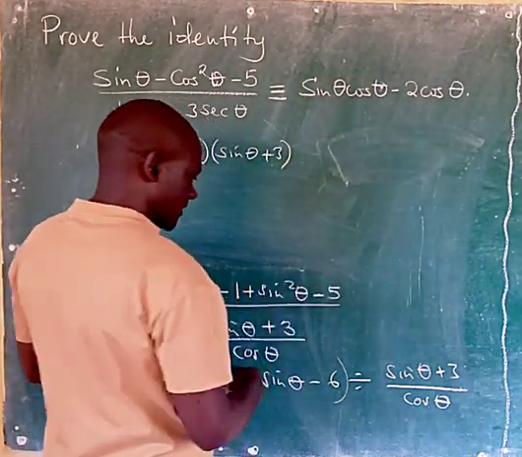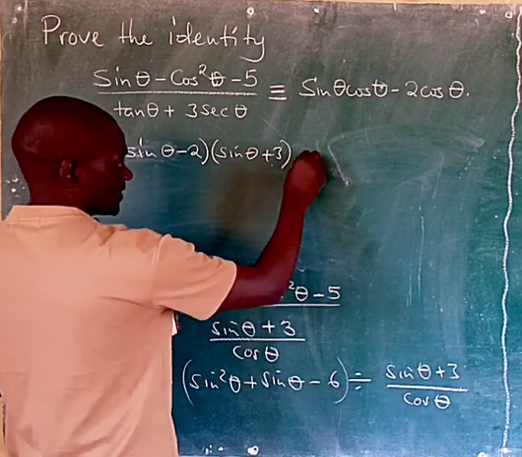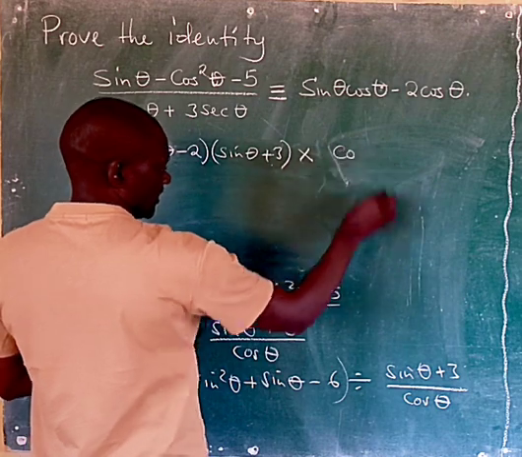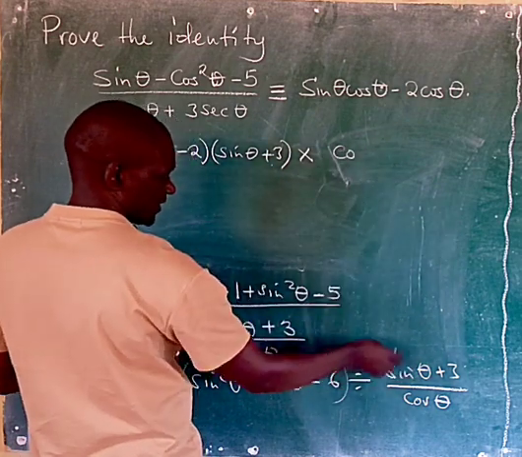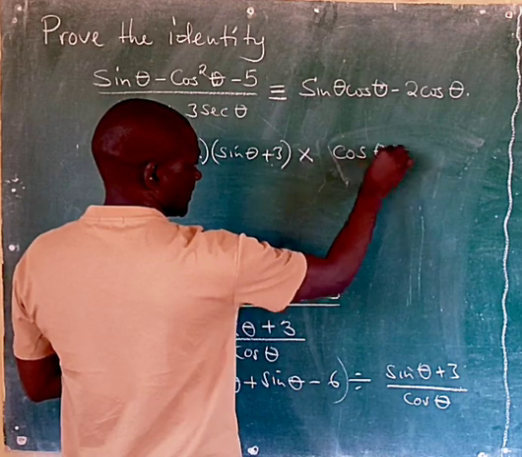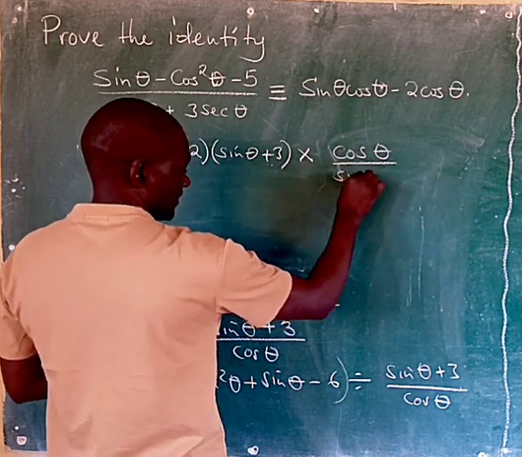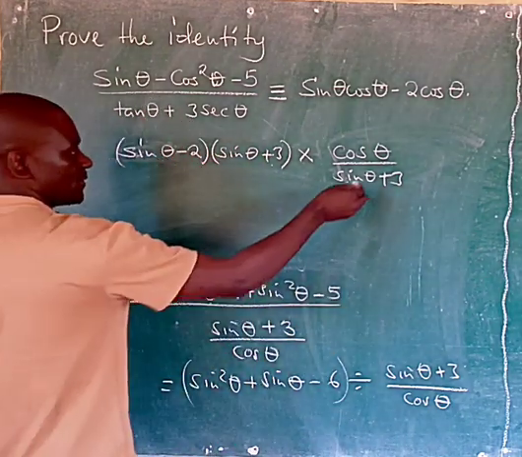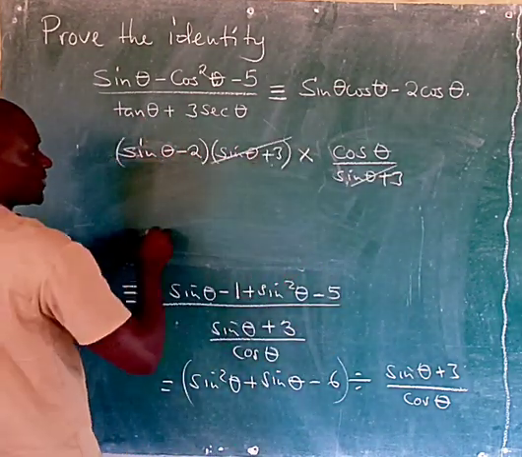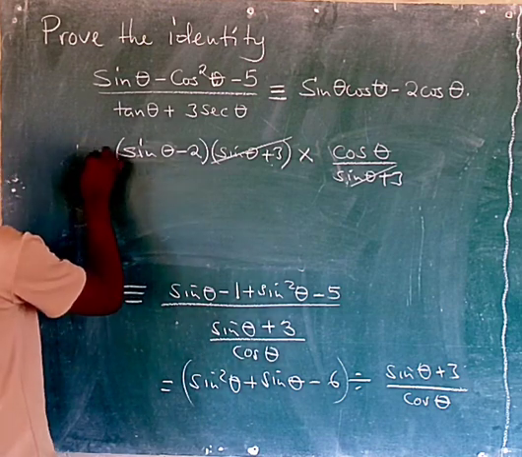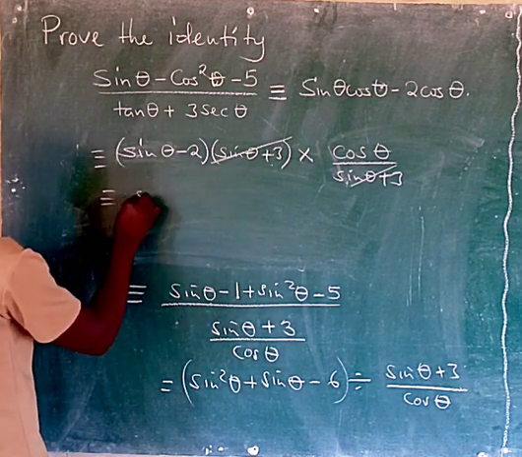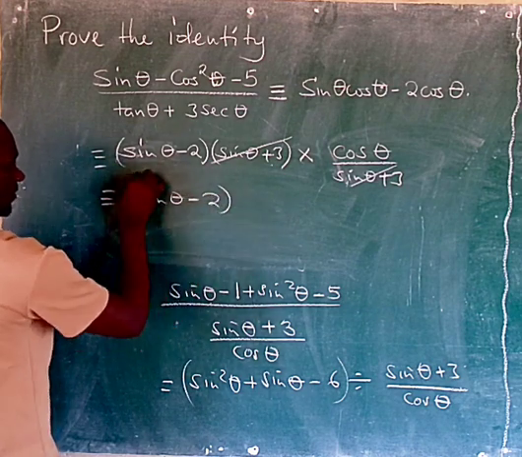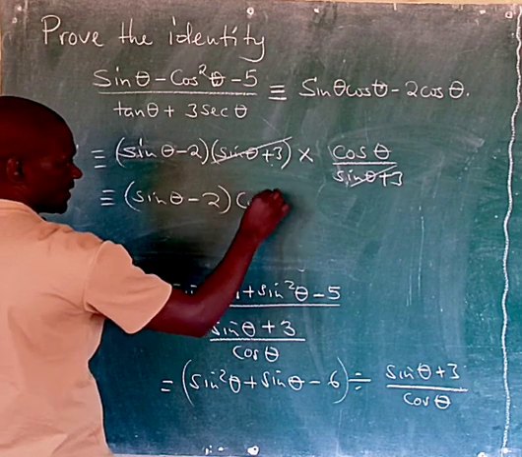Since we are saying divide by, we will now say times. The moment we multiply, we interchange here, so that will be cos theta divided by sine theta plus 3. Then if we observe, this one is the same as this one, so those can go. This leaves us with sine theta minus 2, multiplied by cos theta.